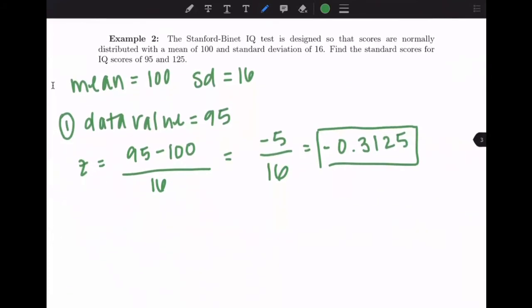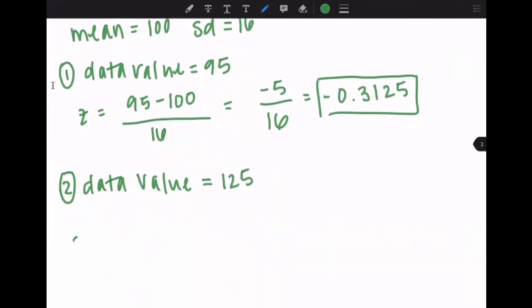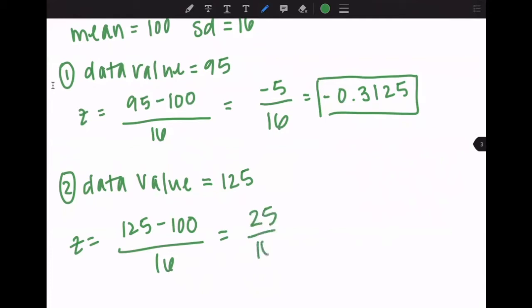Okay, next we want to find the standard score when the data value is 125. So we plug it back into the formula. We get 125 minus 100 divided by 16. 125 minus 100 is 25.